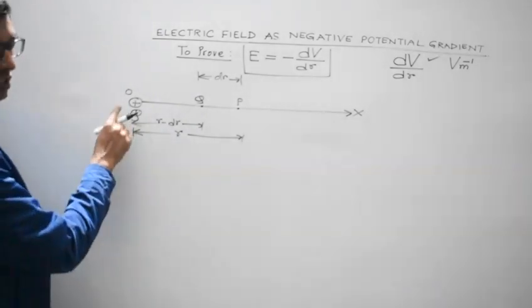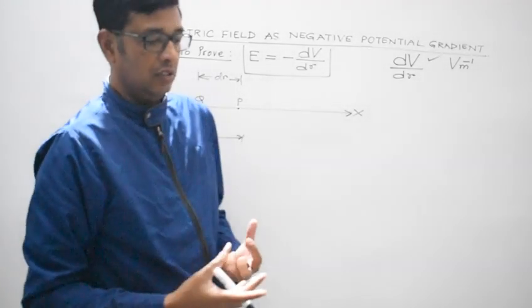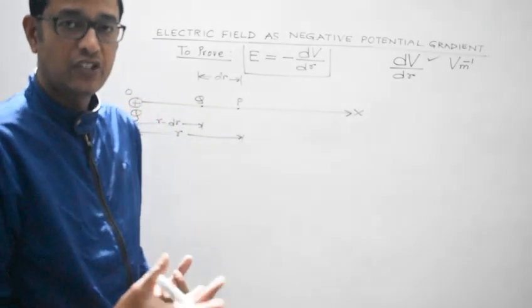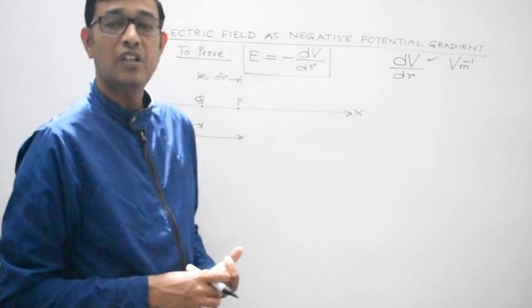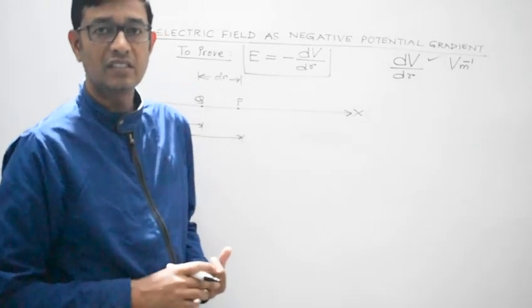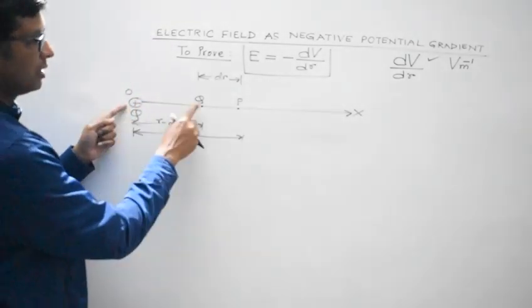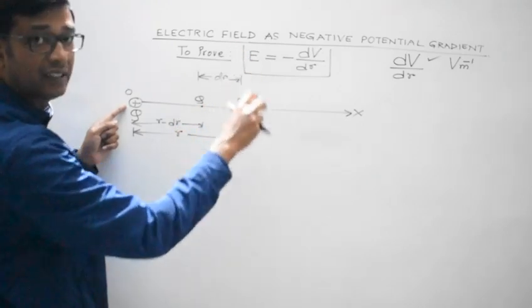Now this is positive charge. Due to positive charge, the potential will be positive. Due to negative charge, the potential will be negative. And potential due to a point charge varies inversely as the distance. So due to the positive charge, here the potential will be larger, here the potential will be slightly smaller.